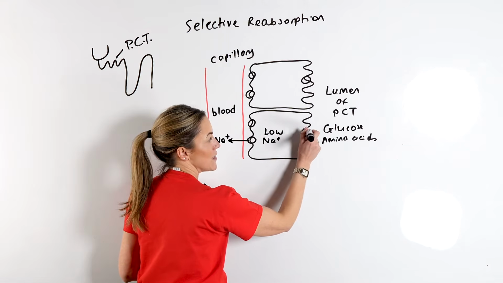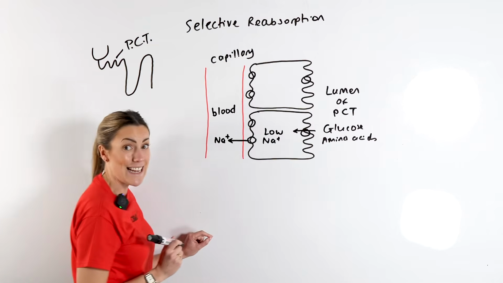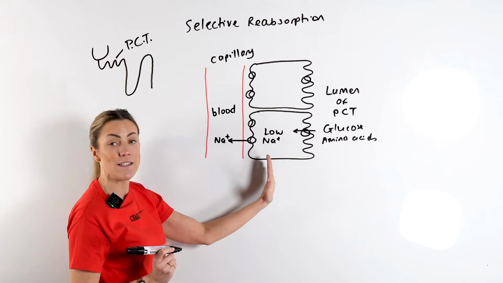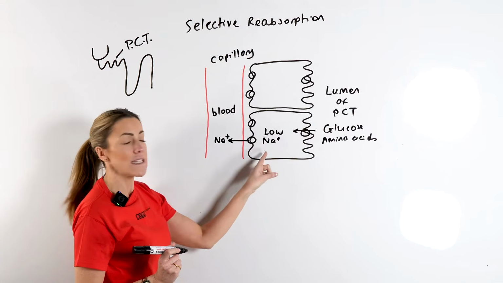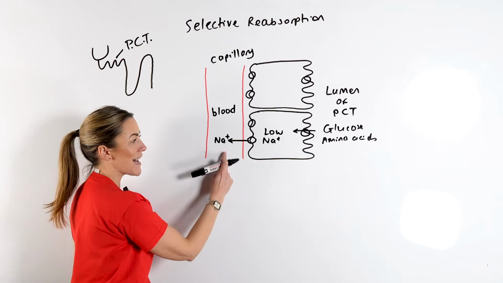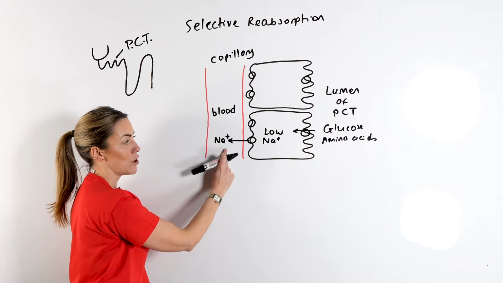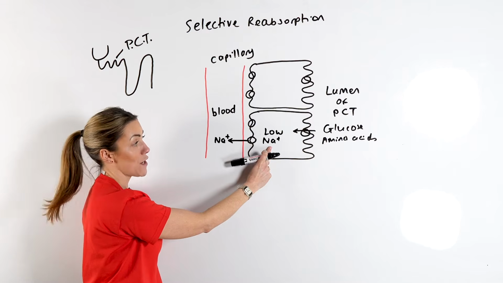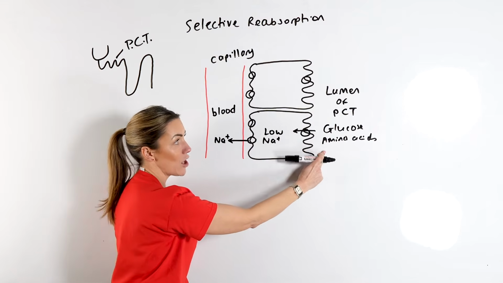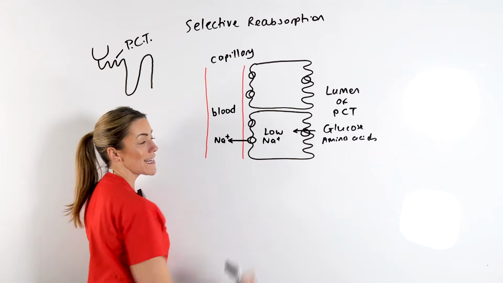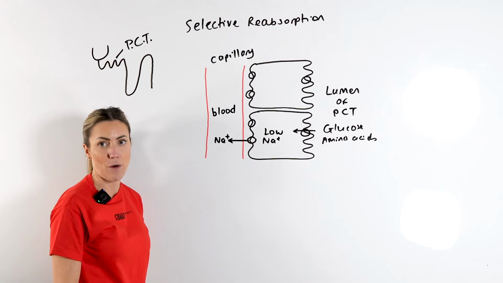and that means that sodium ions will then start to diffuse in from the lumen of the proximal convoluted tubule and into the epithelial cell. The reason they will diffuse in is because by actively transporting them out of the epithelial cell into the blood, we've got a low concentration of sodium ions in here. There's a higher concentration of sodium ions in the lumen of the PCT, so they're diffusing in down their concentration gradient.